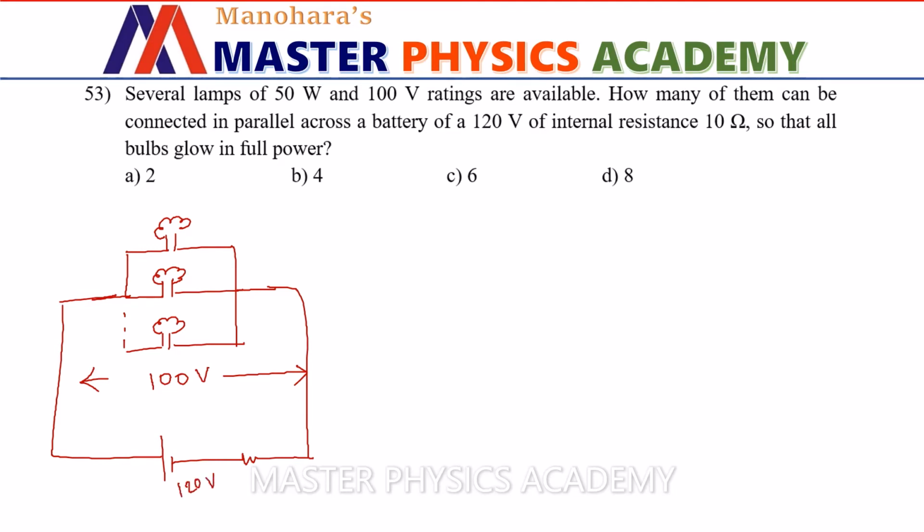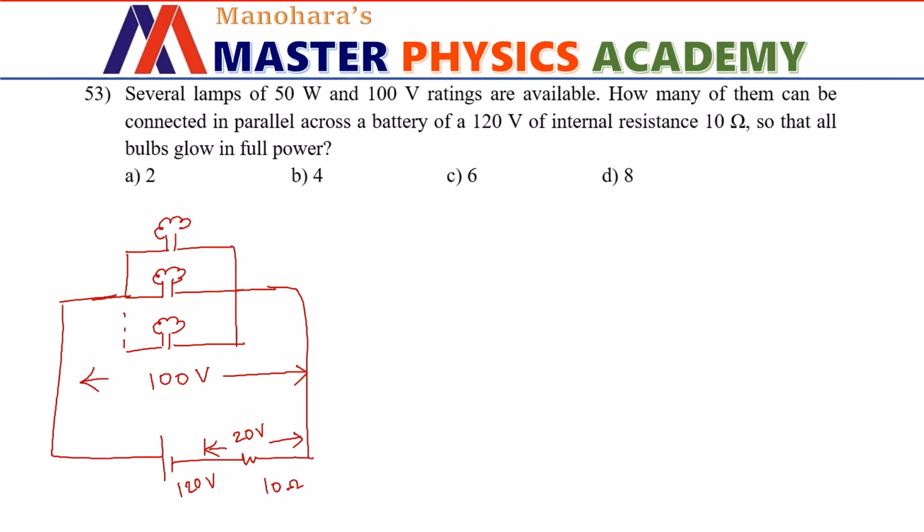The applied voltage is 120 volt and its internal resistance is 10 ohm. The remaining 20 volts of potential drop has to occur across the series, that is internal resistance, which we may think of as connected in series to the cell. So the internal resistance of the cell should drop the potential by 20 volts.